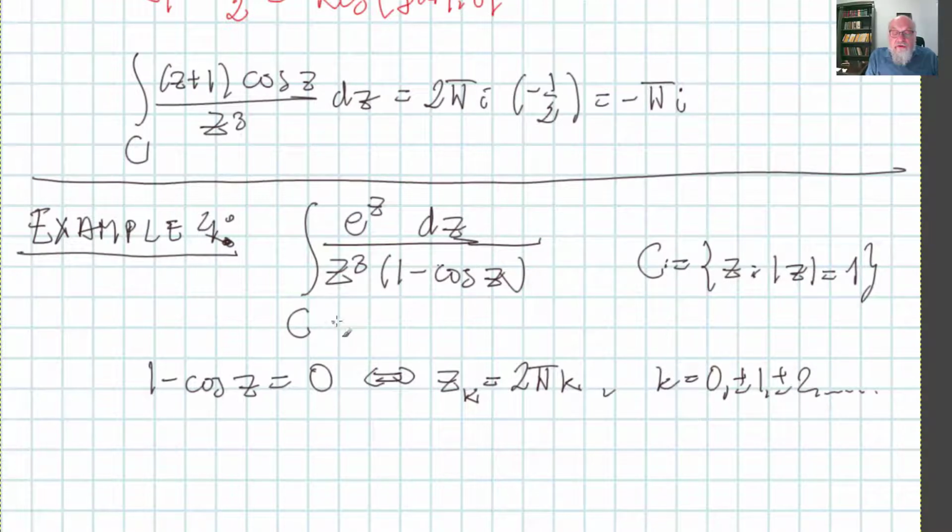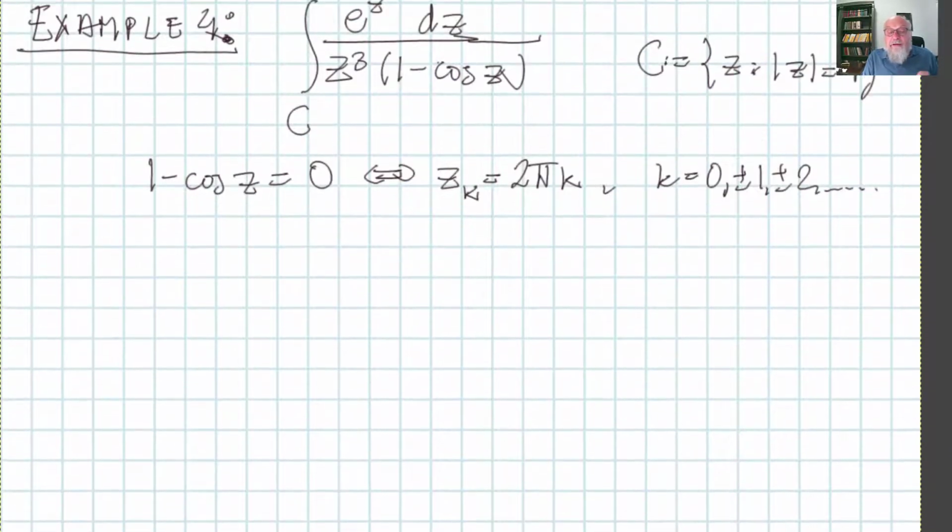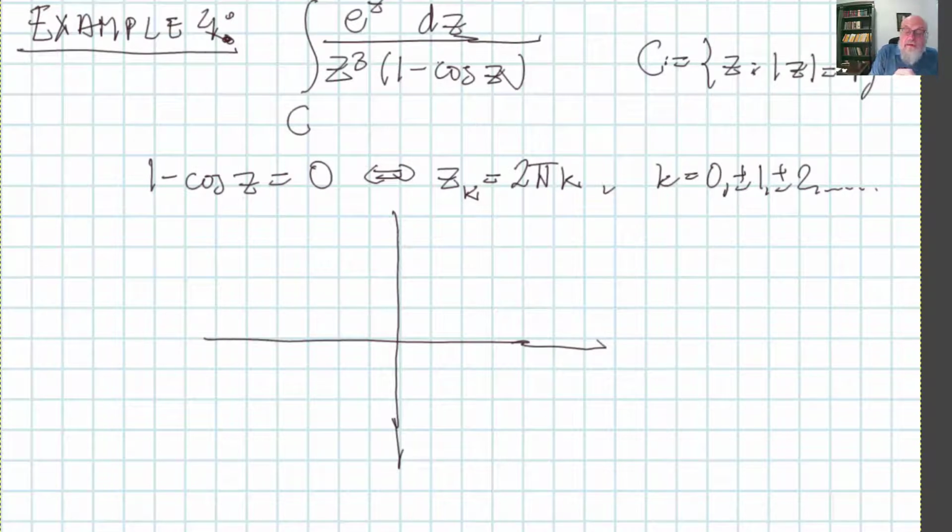But of course that includes 0, so you may ask yourself what kind of singularity this point is. We actually don't need them all, because our picture indicates where our integral is.